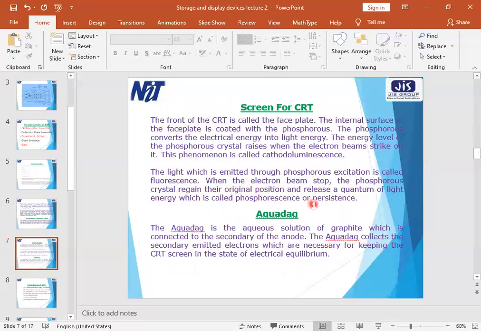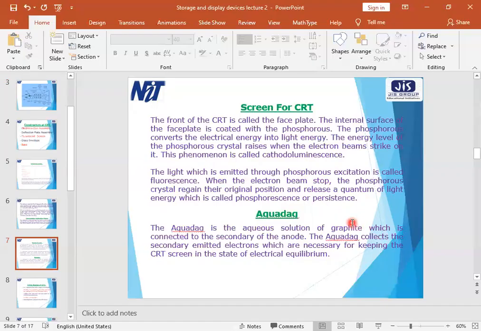When the electron beam stops, the phosphorus crystals regain their original position. This is a very important thing to be noted down: after the emission, when the light has passed through the phosphorus, the phosphorus crystal regains its original position and releases a quantum of light, that is h nu, which is called phosphorescence. You have heard about fluorescence and phosphorescence.